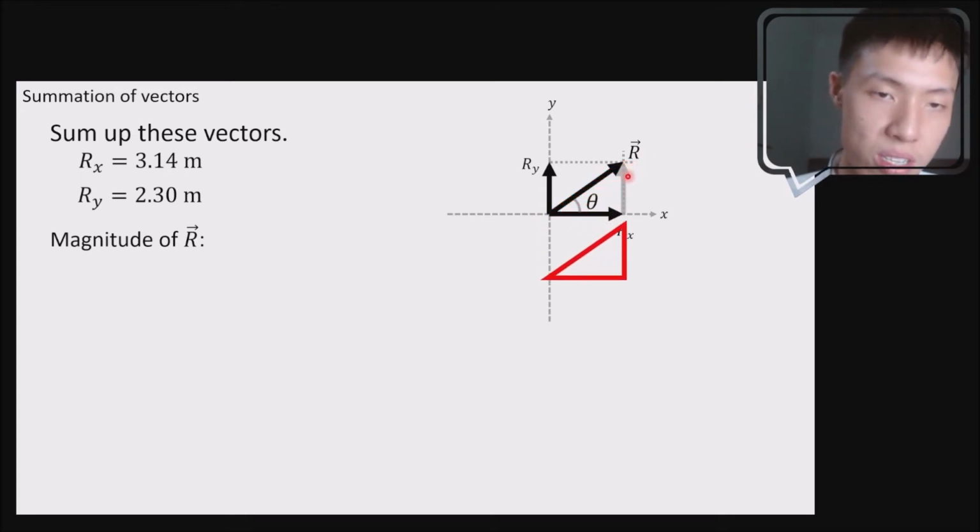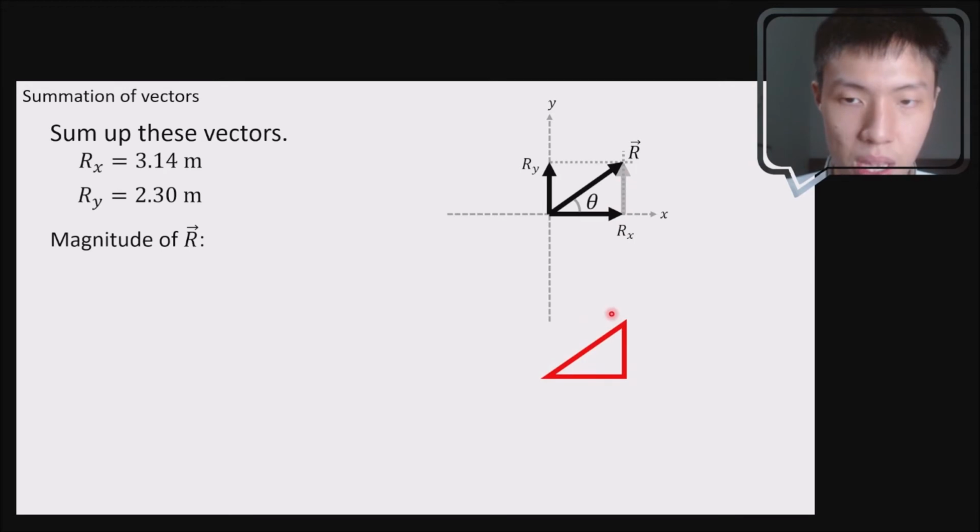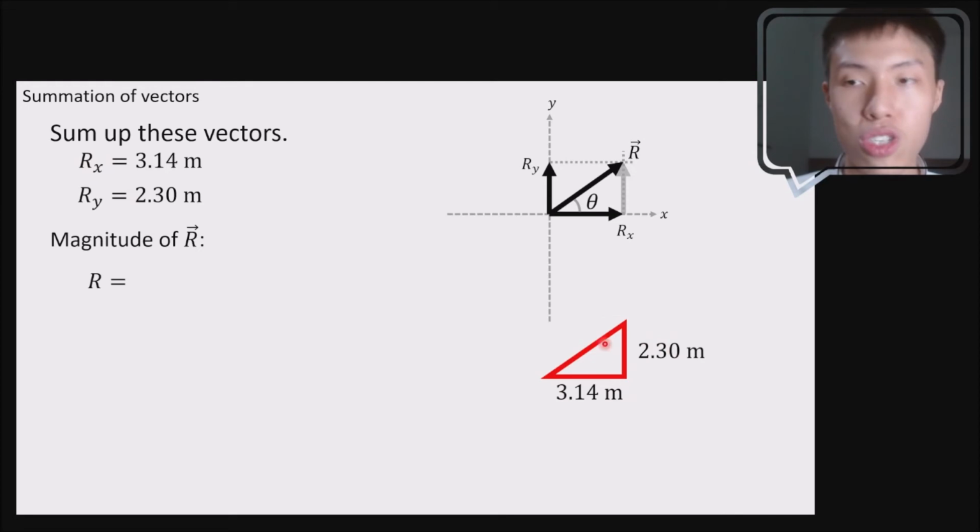So now if you bring this right triangle down, we can try to think. If I want to find the magnitude of R, and I have 3.14 meter, which is Rx, and I have Ry, which is 2.30 meter, how do I find the length of the hypotenuse side of the triangle?